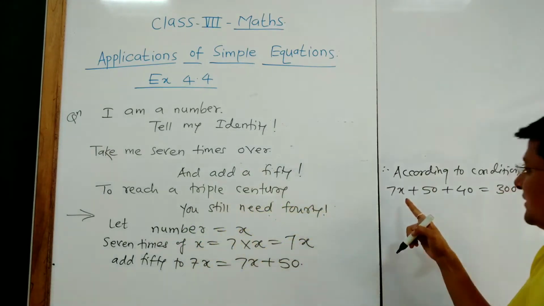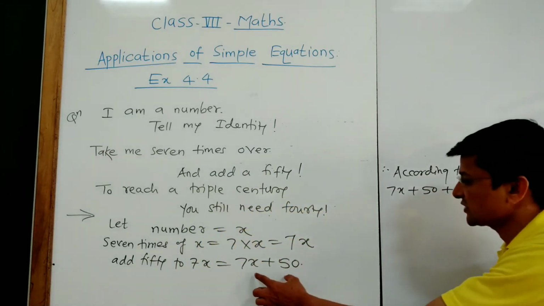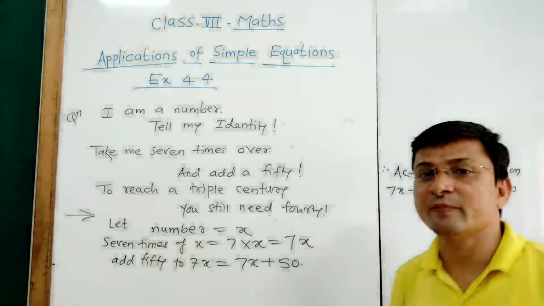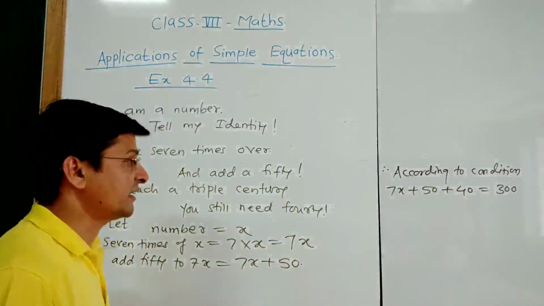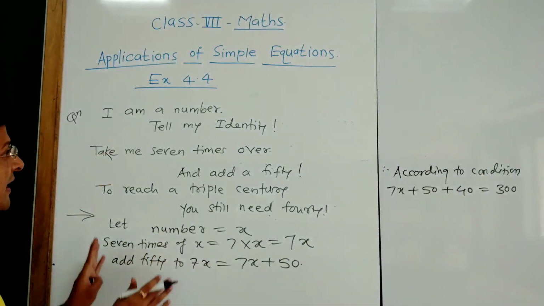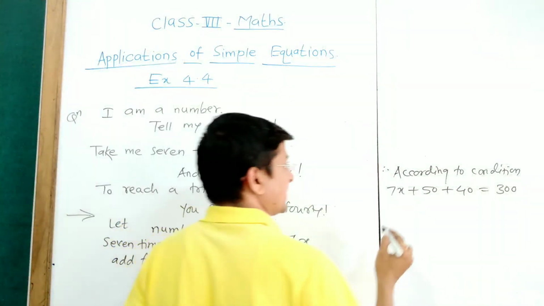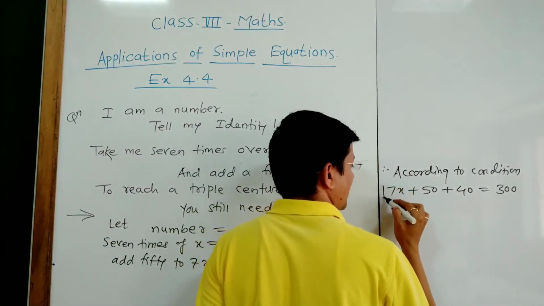See this 7x plus 50. This expression needs 40 to reach the triple century. Triple century, that means 300. In this way, by reading all the sentence carefully, we set up the equation for the given problem.